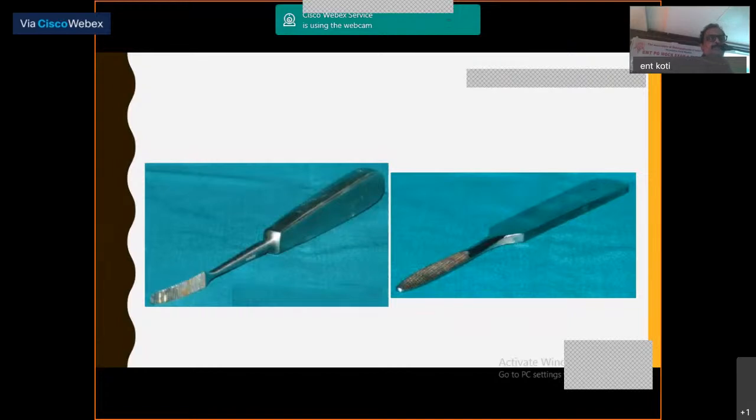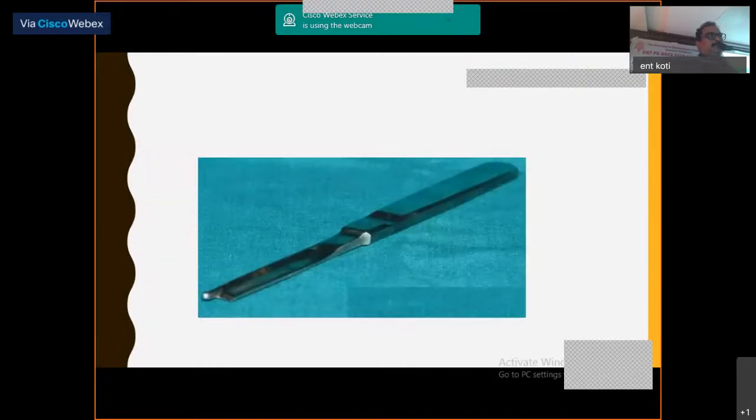Again, rhinoplasty names. Cottle's rasp and Joseph's fine rasp. They are big names in rhinoplasty, especially Joseph. This one. Rhinoplasty again, osteotomies. Nasal chisel for osteotomy.